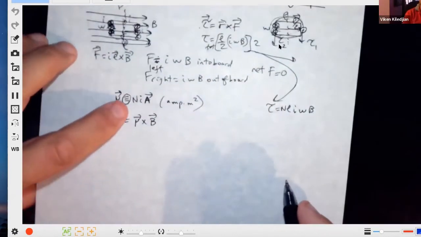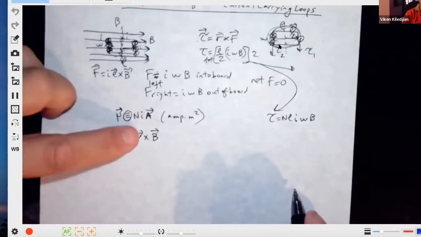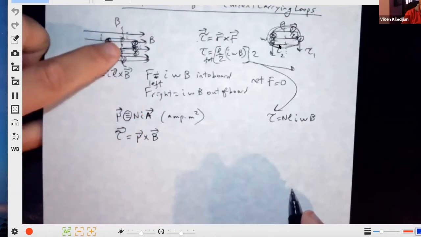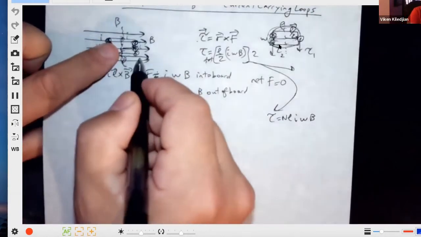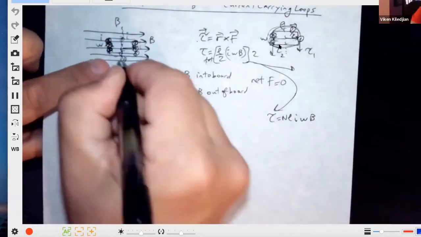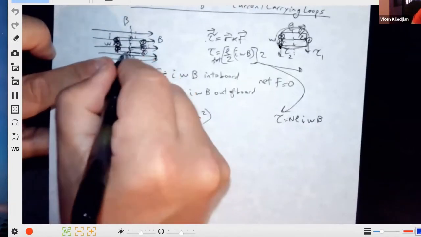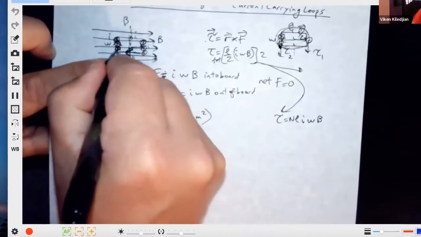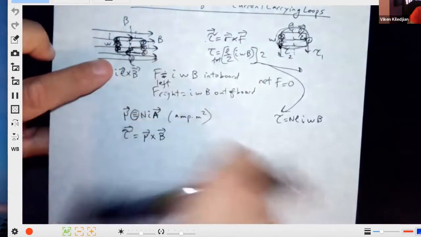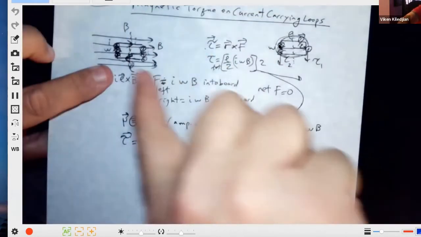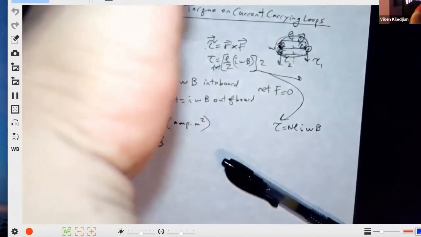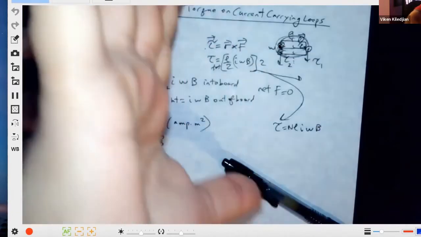Okay, so now let's practice that, see if this makes sense. What's the direction of the area vector in this case? How do we determine the direction of the area vector? Well, we take a look at the direction of the current flow. The direction of the current flow is clockwise, right? It's going this way. So then we curl our fingers in the direction of the current flow, and then the thumb points into the board, you see.